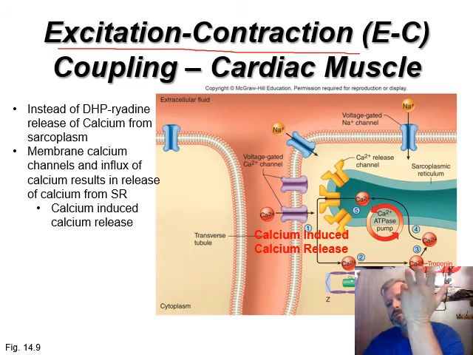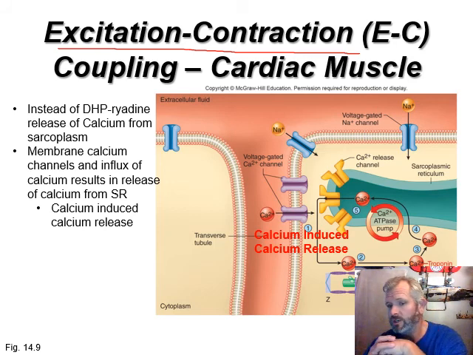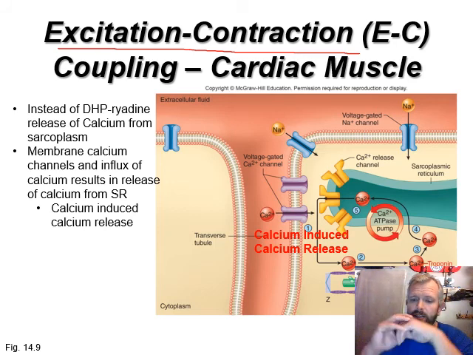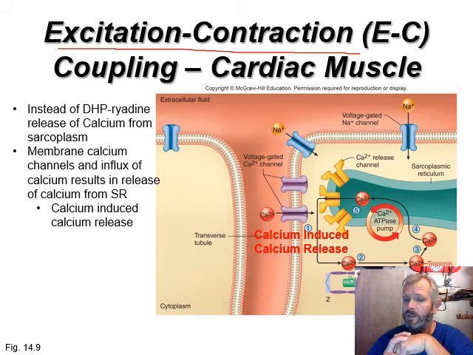But what we want to look at here is the EC coupling phase. Very similar to what we saw in skeletal muscle. Remember, it is a sarcomere, so it has tropomyosin and troponin. So what we need to do is cue the calcium release from the sarcoplasmic reticulum. Almost similar setup through here in that we have the voltage-gated sodium channels bringing down the action potential.